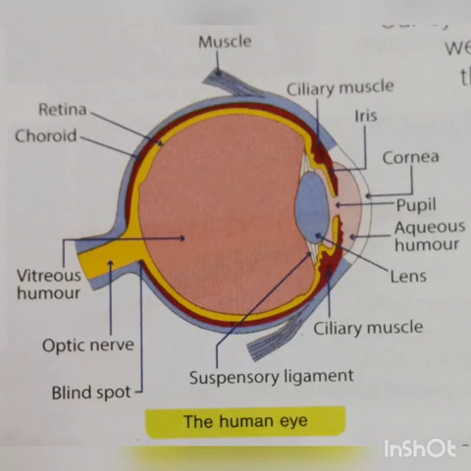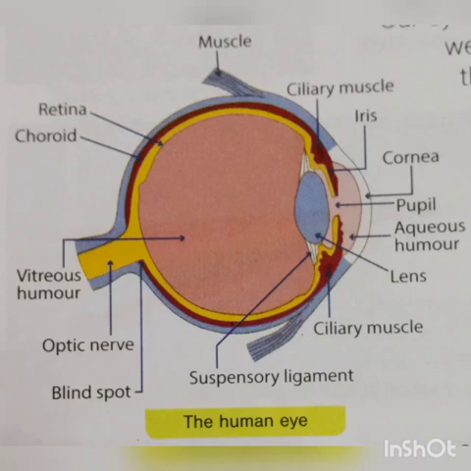Now the next portion is the blind spot, students. It is the least sensitive point on the retina where the optic nerve leaves the eye. The optic nerve receives the signals produced in the eye and transfers them to the brain to be processed.